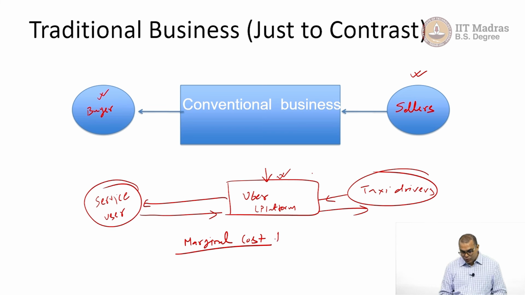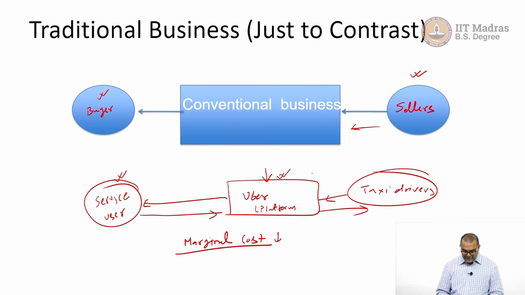Having zero or no marginal cost is not important for having a platform, but it makes having the platform business easier. The key is here everything is flowing in one direction. Here it's not. Here this service user, anyone with a car, can also become a service provider.